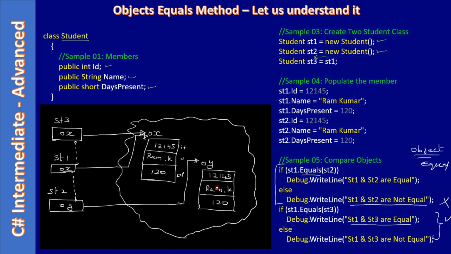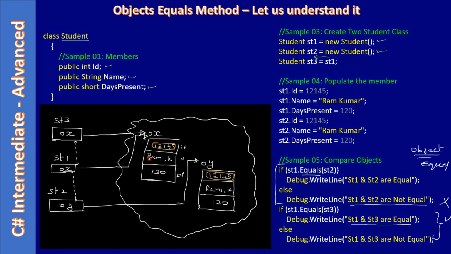Now, we have to educate our Student class to inform when two students are equal. We can say two students are equal when their ID matches. We don't need to go to the other compartments.